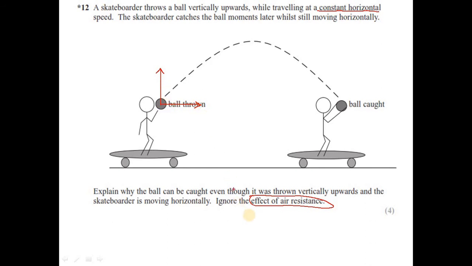Horizontally, air resistance is ignored and the horizontal velocity remains the same, so the horizontal distance covered by the ball and the skateboarder is the same. While vertically, as weight is acting, first the velocity decreases and then increases due to a net force acting on the ball. And these points you need to write in your answer.